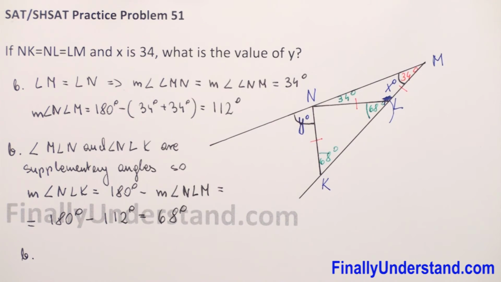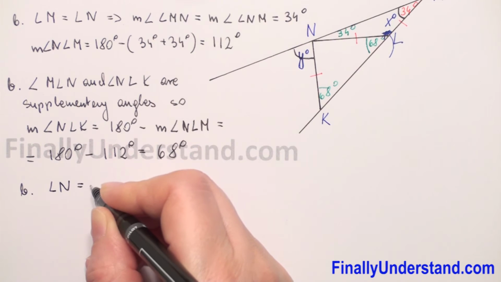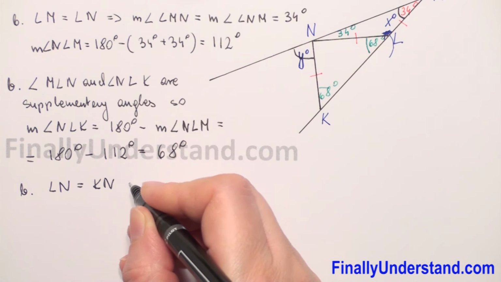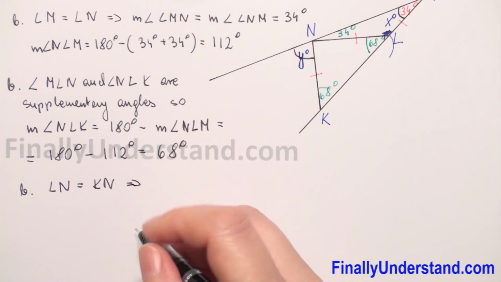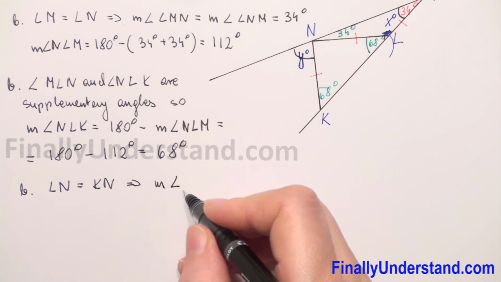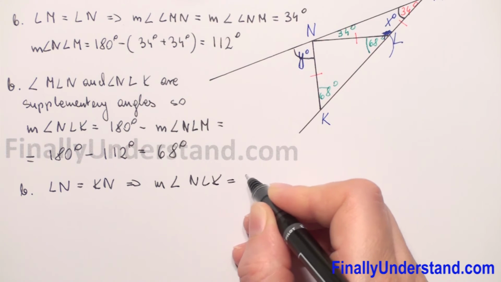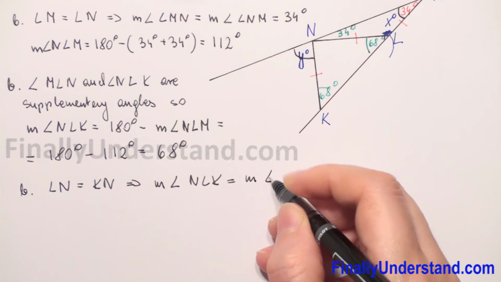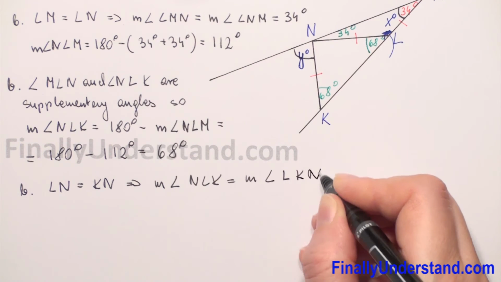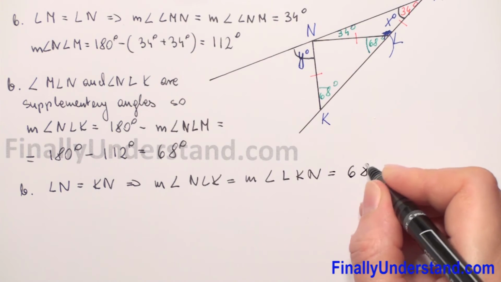Because LN is equal to KN, we have that the measure of angle NLK is equal to the measure of angle LKN. So that's why this is equal to 68 degrees.